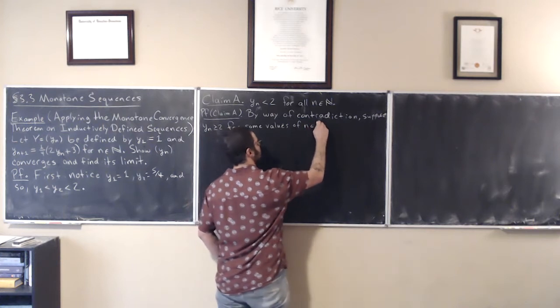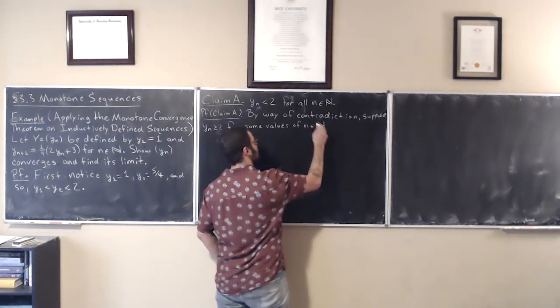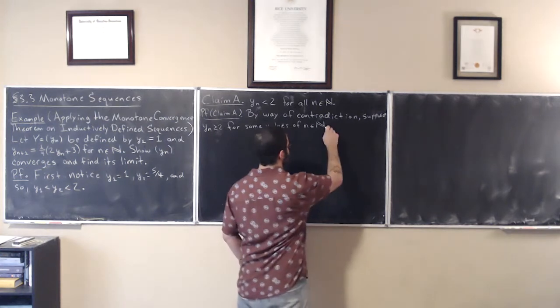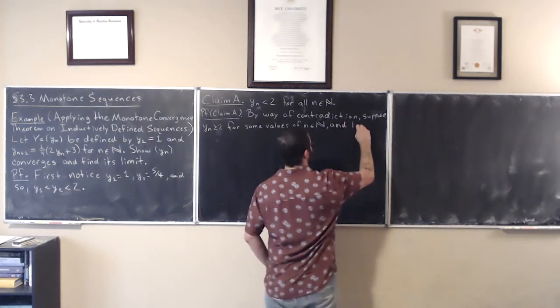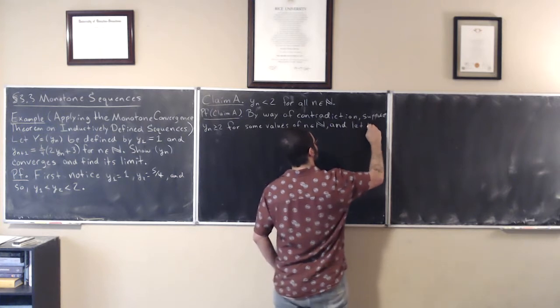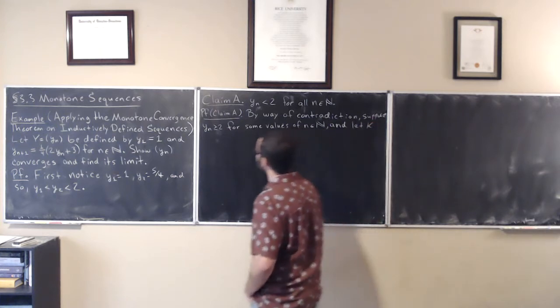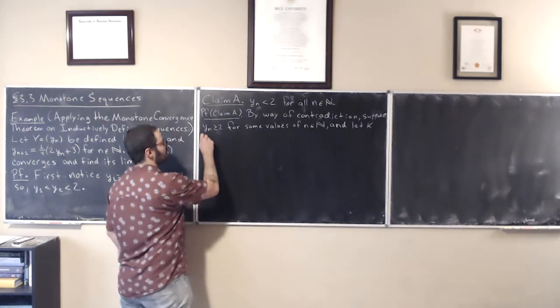And again, these are just natural numbers, right? And then let k be the smallest such index.